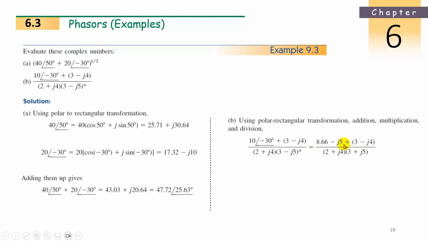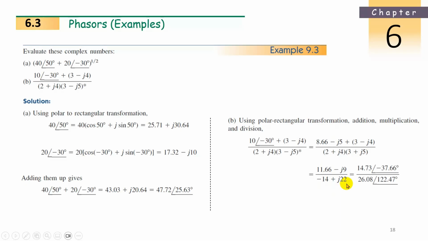So now multiplication. Is rectangular form good? No. Multiplication should be in polar form. So convert these two, the rectangular forms, to polar form. The top one becomes 11.66 minus j9. Now for the down one, convert into polar form and multiply it.